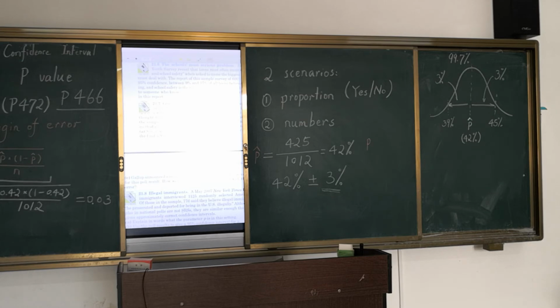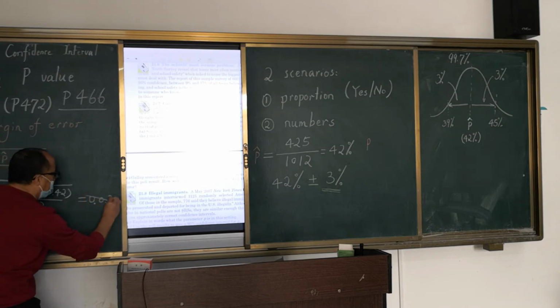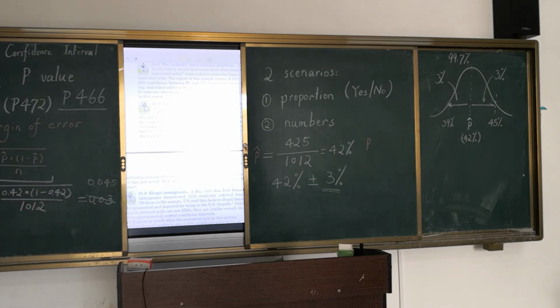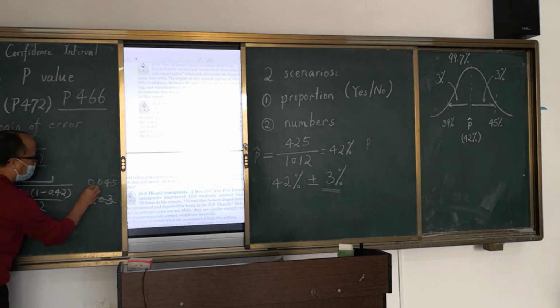So it's 1.5 times, so it looks like it will be 0.045. I'm sure this is correct.